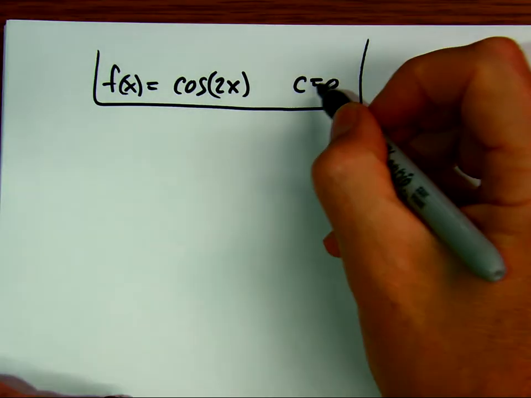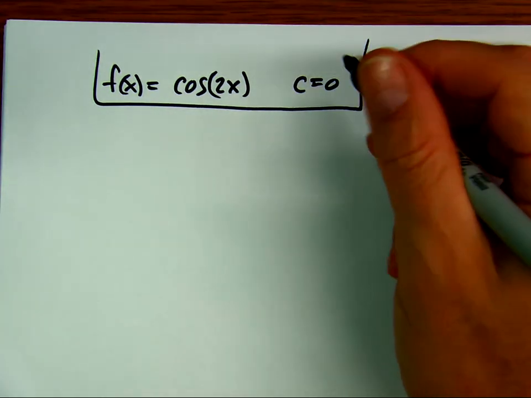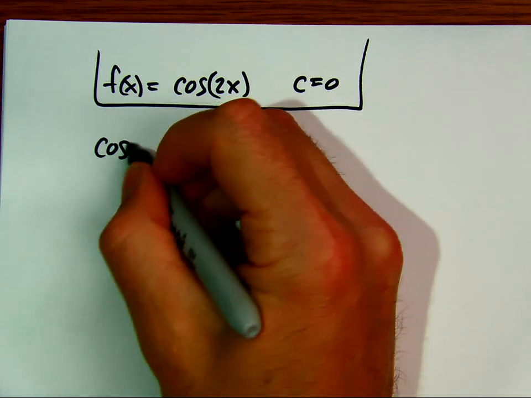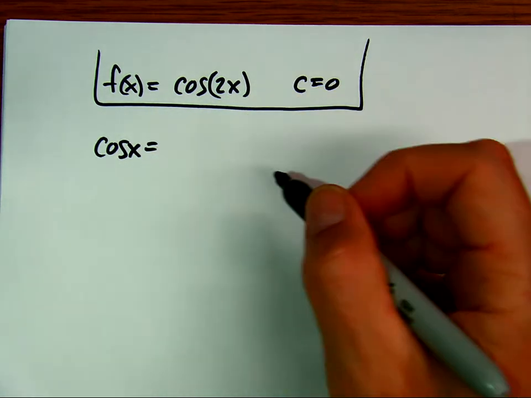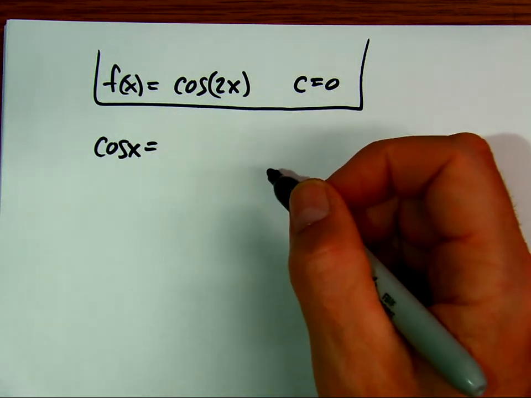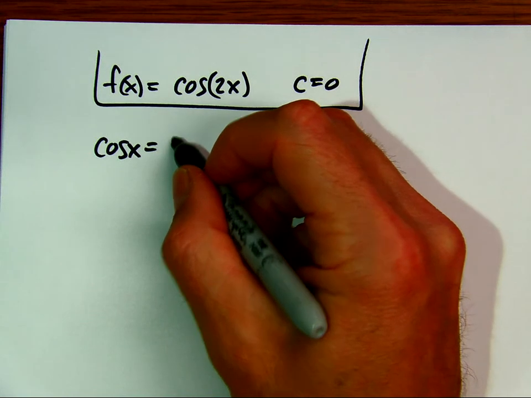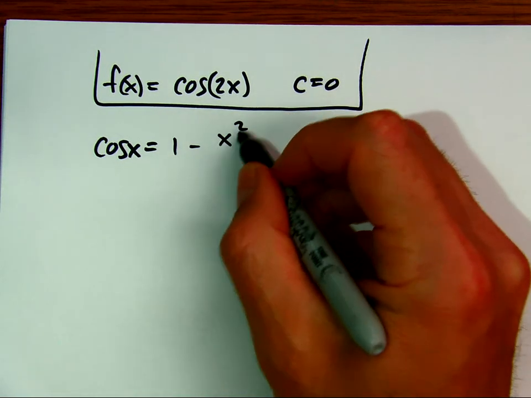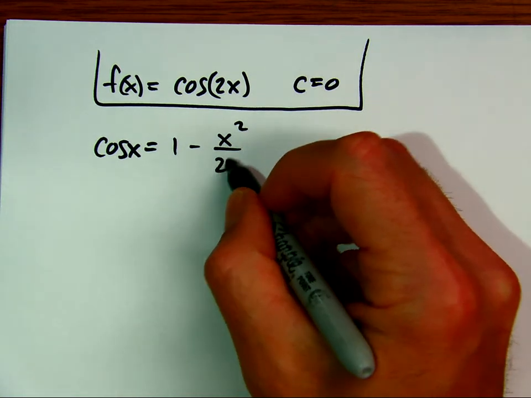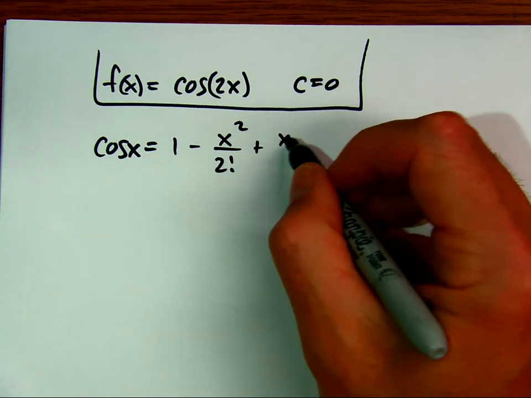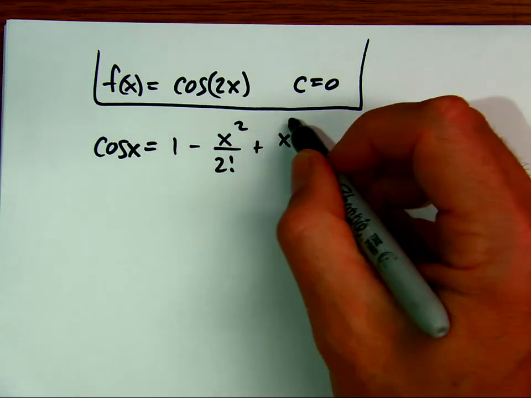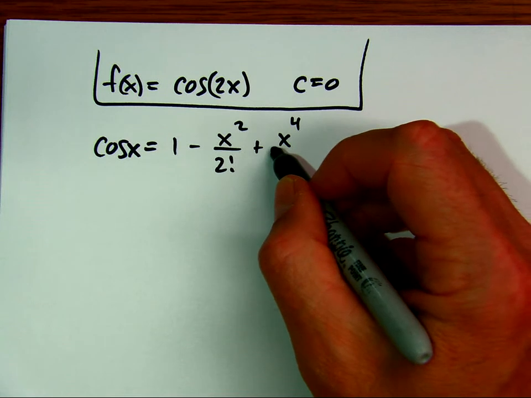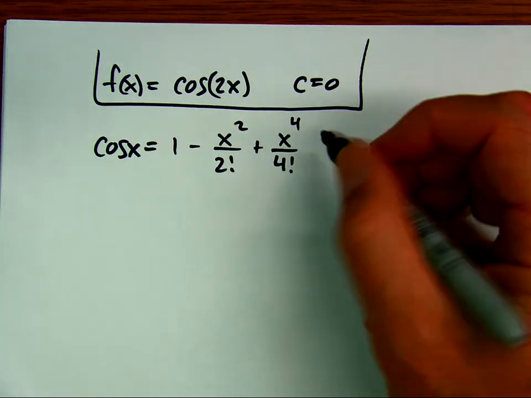And we haven't seen this yet, but cosine of x is just going to be the even exponents. And it alternates. So instead of x cubed, we have x squared. Instead of x to the 5th, we have x to the 4th. Comparing it to sine.